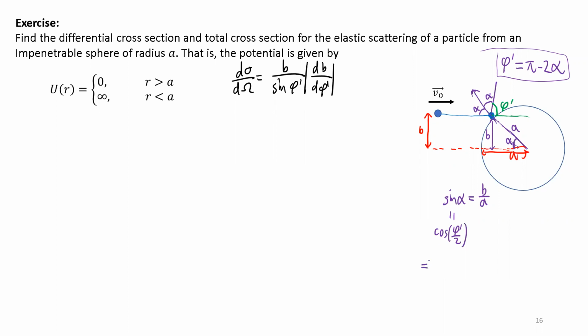Therefore, the relation between b and the scattering angle phi prime is obtained: b equals a cosine phi prime divided by 2.